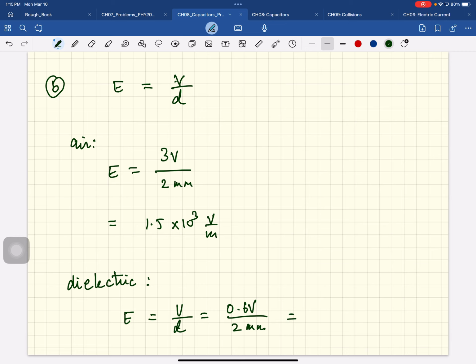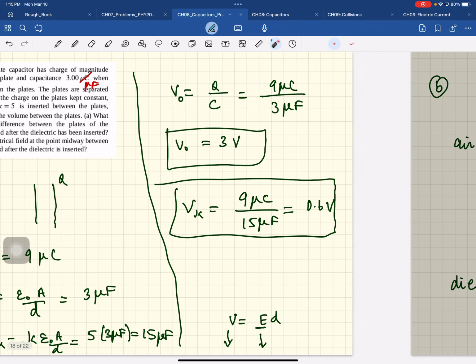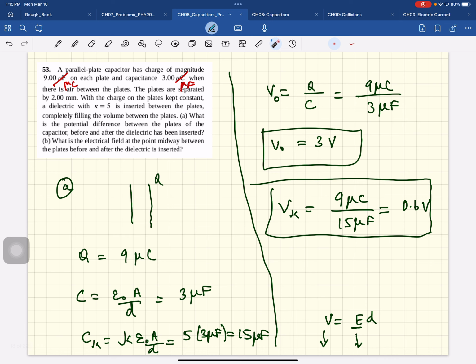Again, the milli is 10 to the minus 3, which comes to the top, so 0.3 times 10 to the 3. So again, you see, the electric field has reduced from 1500 volts per meter to 300 volts per meter, by a factor of 5, which was the dielectric constant. So it reduces by that factor.